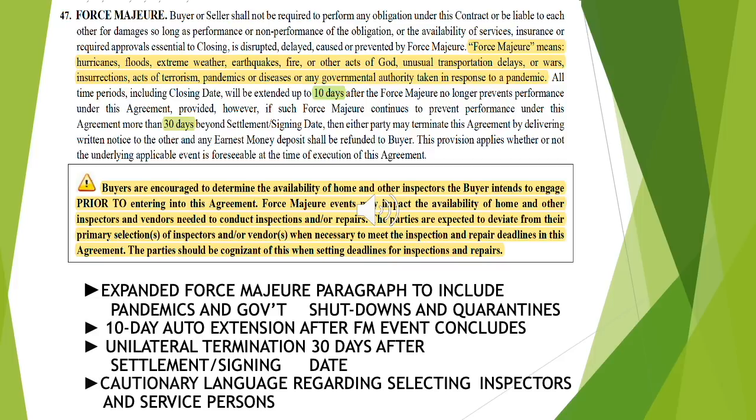When we were creating the COVID addendum, we were a little bit concerned about including vendors or inspectors or service providers in that list of COVID related events if you couldn't get a hold of your inspector.